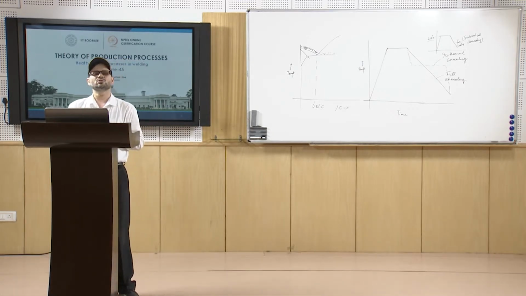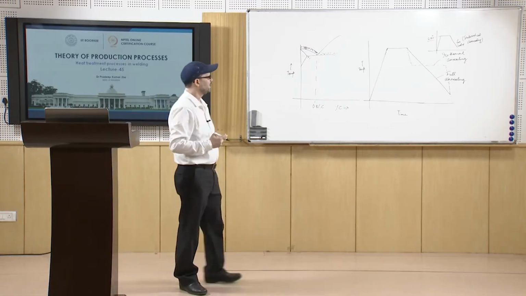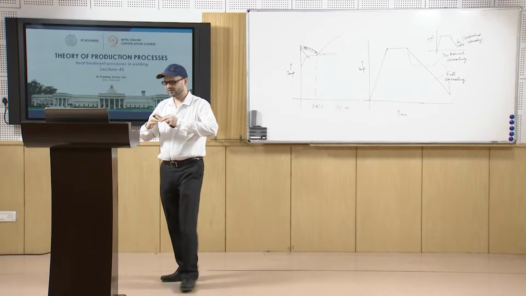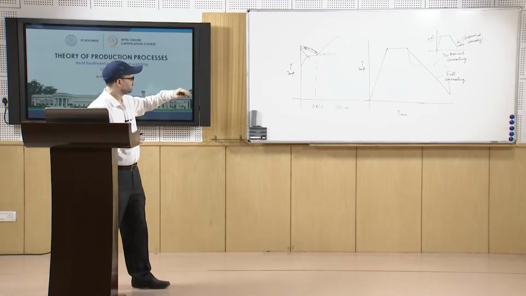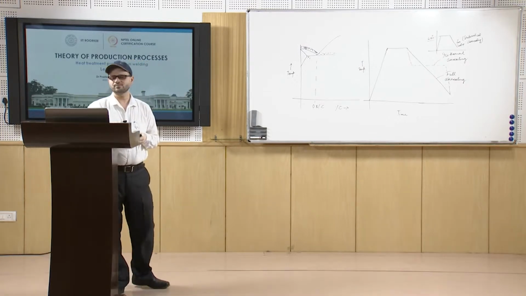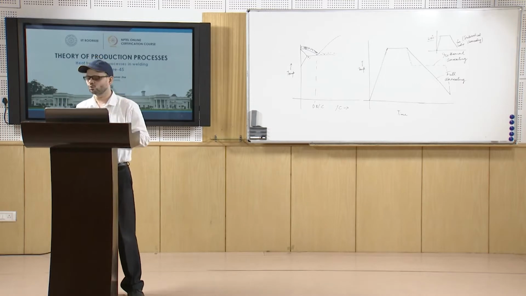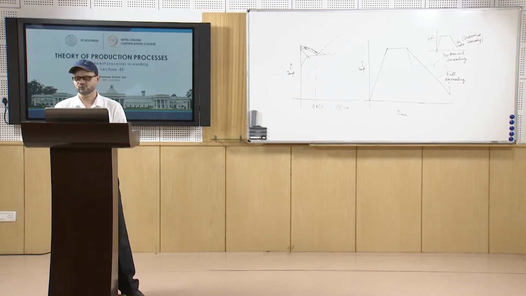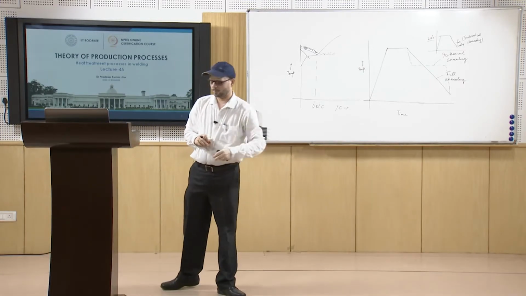Now, coming to normalizing. In the case of normalizing, we heat to a temperature above the upper critical temperature, and then after that we cool in the air. In that case you have a fine structure obtained.